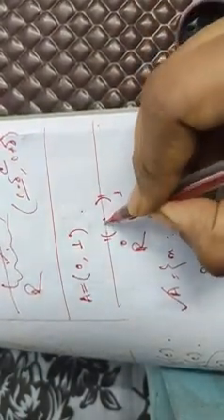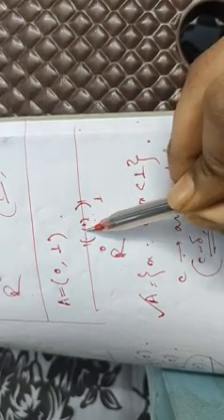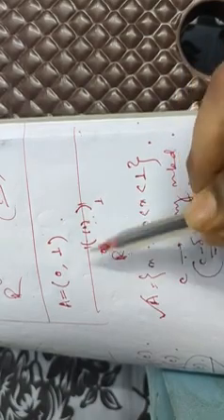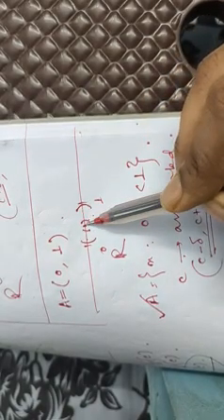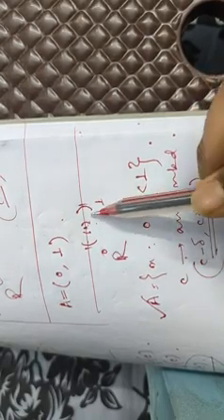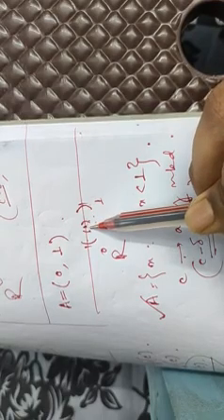If you consider any small neighborhood, whatever small you want, C minus delta, C plus delta, this obviously contains infinitely many points of the set A, right?